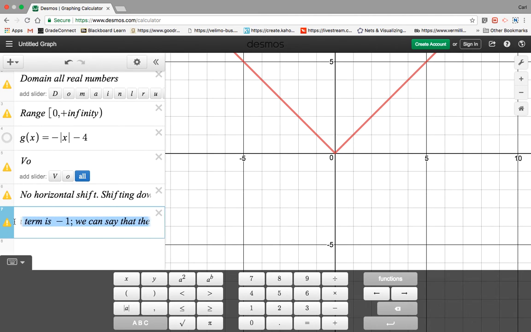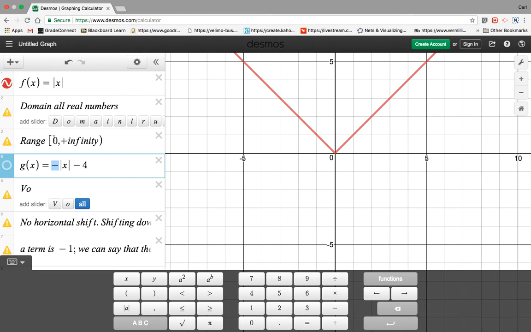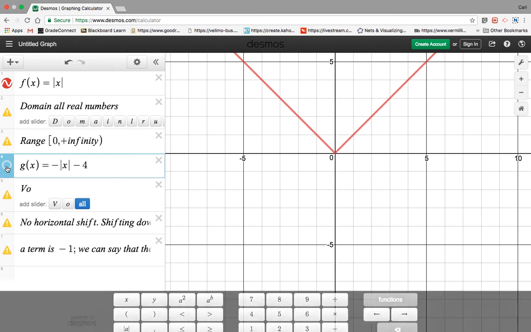And this is all because that first term is negative. This switches everything and flips it upside down. So let's see how that looks.